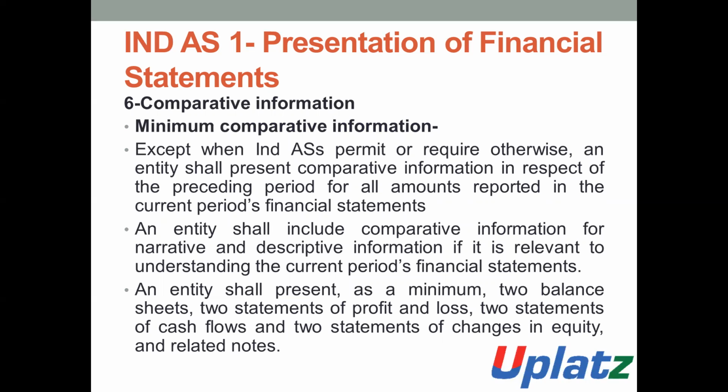The entity will also include all the comparative information which is relevant for understanding the current position of the financial statements of the organization. An entity shall present as a minimum two balance sheets, two statements of profit and loss account, two statements of cash flows, and two statements of change in equity and other related notes.